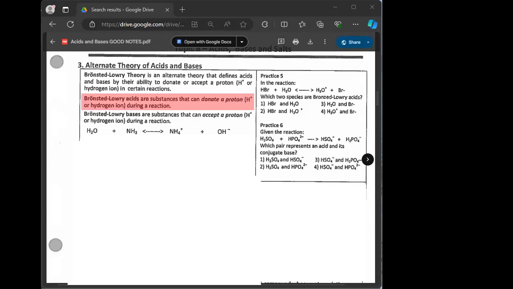Okay, then the Bronsted-Lowry definition of bases, that's what's very, very different. So Bronsted-Lowry bases are substances that accept hydrogen ions when they dissolve in water.